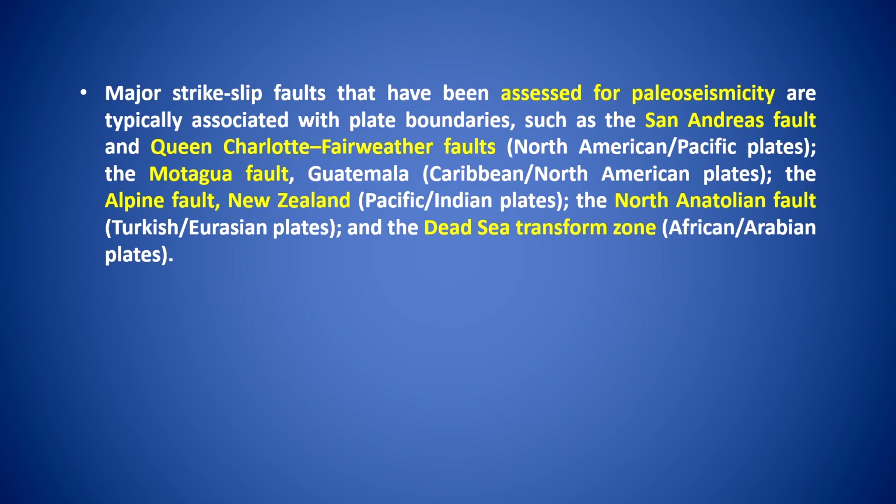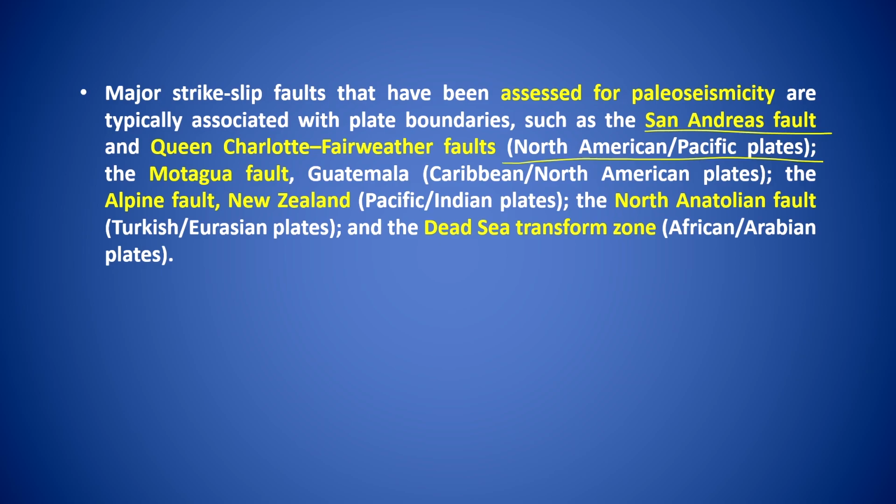Okay. So, major strike slip faults that have been assessed for paleoseismicity are typically associated with plate boundaries. And that is what I was talking about, between the North American plate and the Pacific plate, you have the San Andreas fault system, which is one of the deadliest.